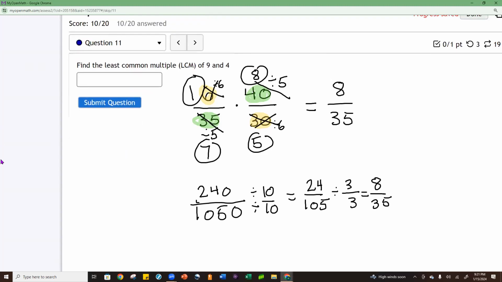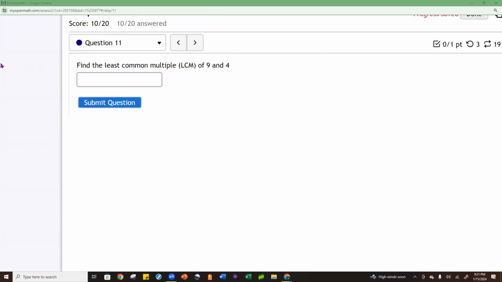Okay, we've got an LCM problem, least common multiple. So what we're going to do for this one is just list the multiples of 9 and list the multiples of 4. So when I list the multiples of 9, I go 9, 18, 27, 35, oops, sorry, 36. I got distracted, 36, and then I get 45.